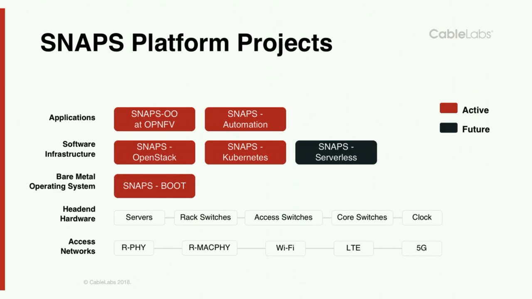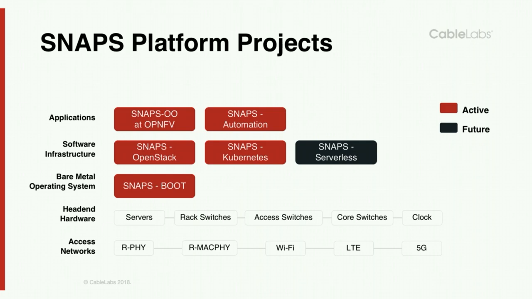Above that are SNAPS-OpenStack and SNAPS-Kubernetes. We'll look at both of those. And then SNAPS serverless is a future activity which deals with serverless computing, which in some sense is a misnomer. Of course, there's a server, but the idea is that the application author, or the person who writes the code, doesn't have to worry about a server.